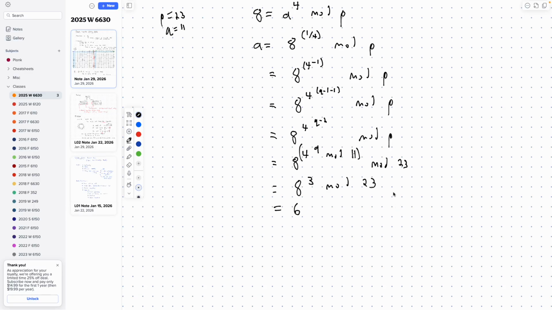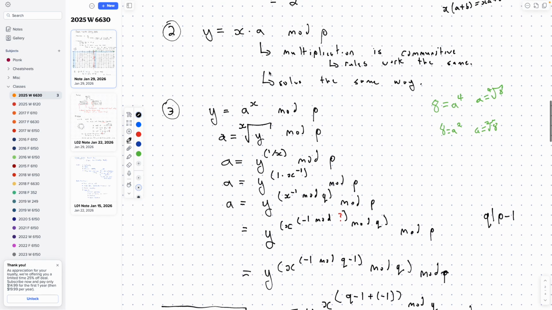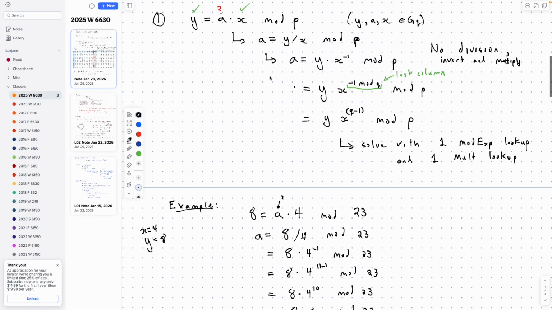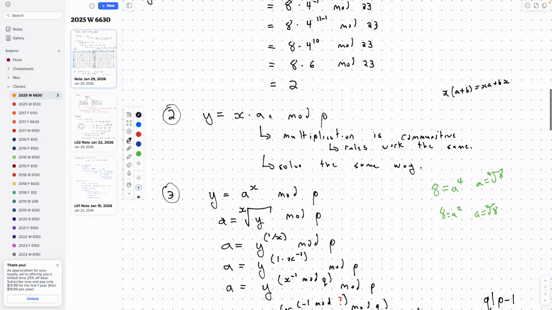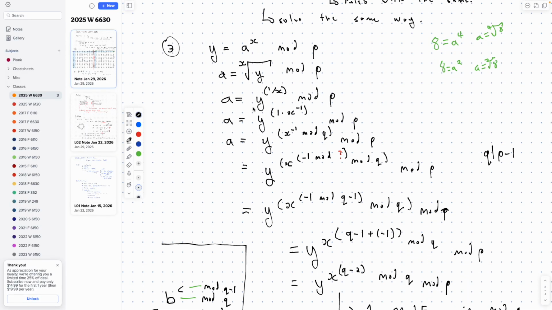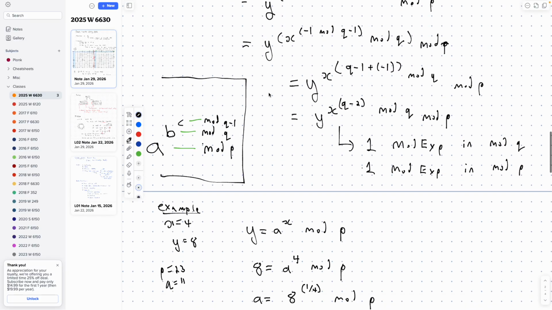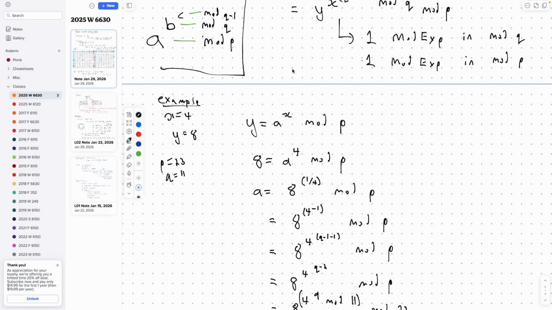Okay, so what's the moral of the story? The moral of the story is taking discrete roots is efficient. Okay? All right, so there's no problem doing discrete roots. So we can do discrete division, which is invert and multiply, and we can do a discrete root if we need to. Will we ever do a discrete root? Never again.